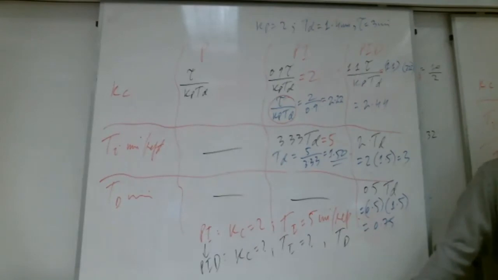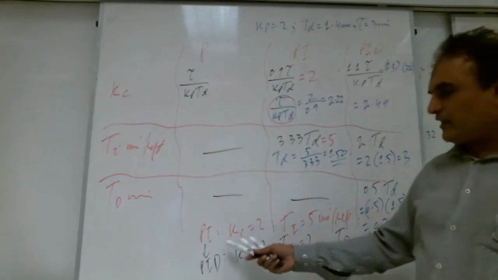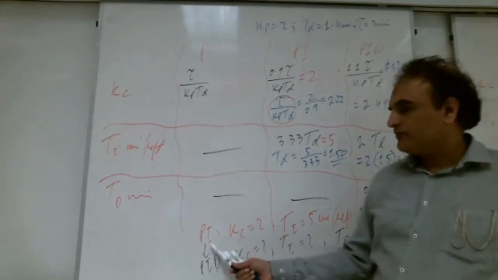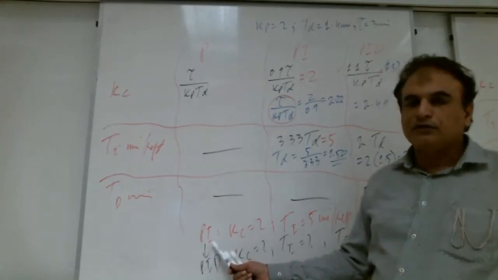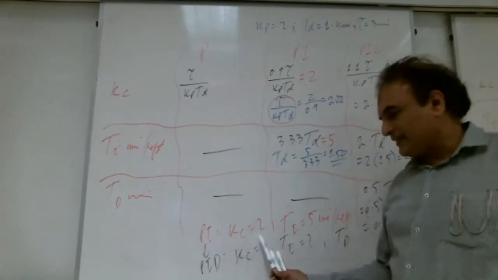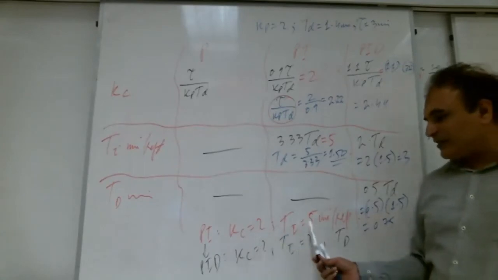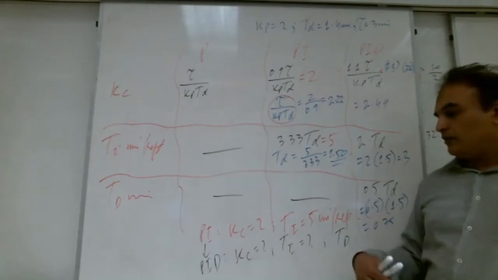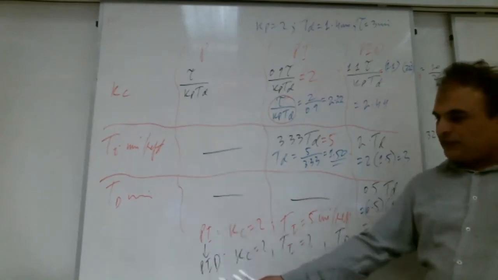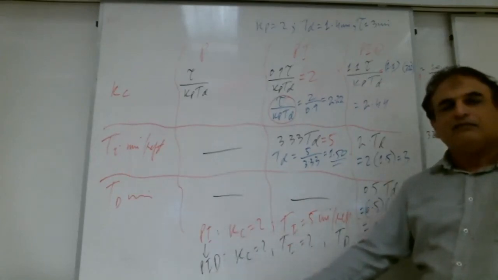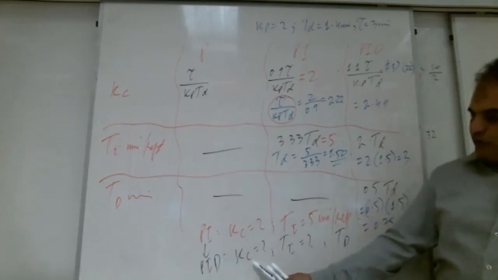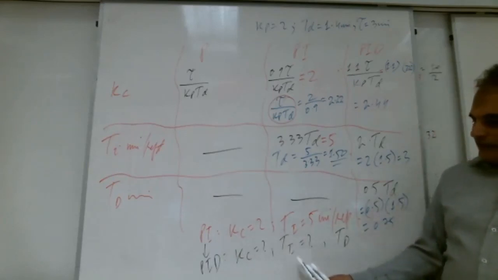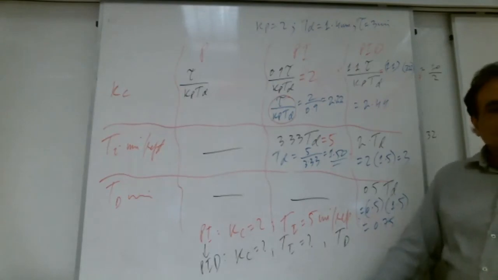See here, Shabab, what we did. This was the PI controller, with Kc of 2 and integral time of 5 minutes per repeat. The question is to convert this PI controller into PID and calculate the new controller gain, integral time and derivative time.